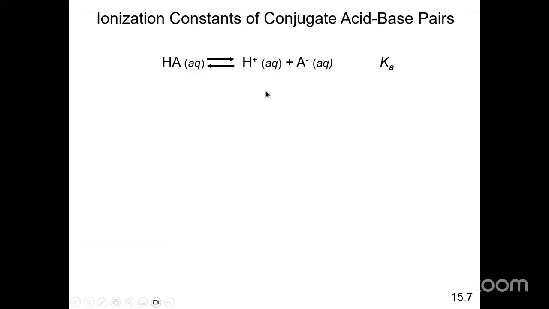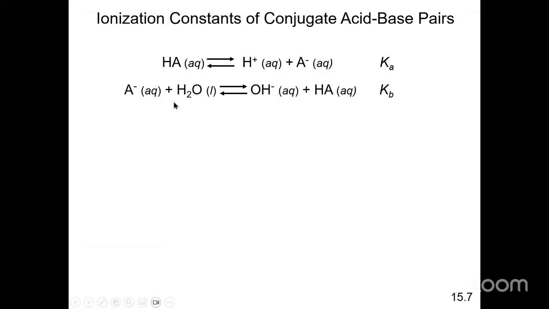In the case of the A minus, because it's a conjugate base, it can act as a base according to this equation. A minus plus water gives you OH minus and HA, right? And because it's a weak base, it will have its own Kb value, right? Now, what would be the result when we add these two equations together?